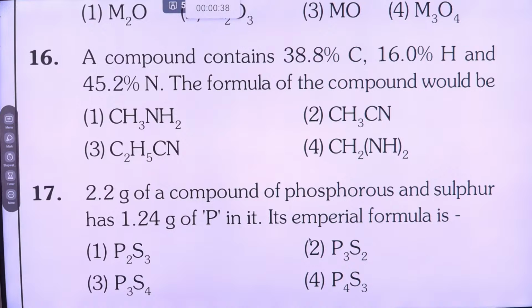Just for your information, the mass of phosphorus is nearly 31, okay, and the mass of sulfur is I think around 32. 31 and 32.